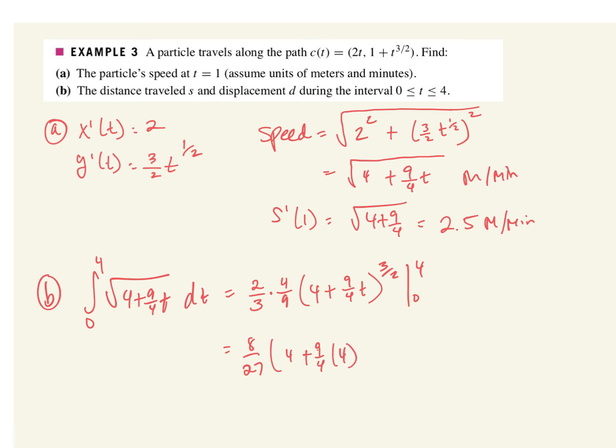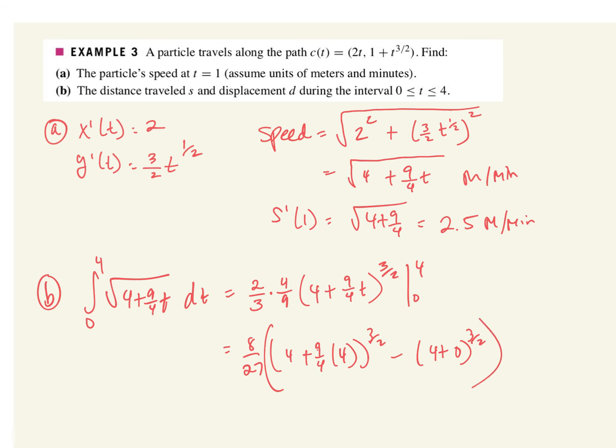Oh no, I didn't put the parentheses correct. I'm going to pull the 8/27s out. Minus 4 plus 0 to the 3/2.